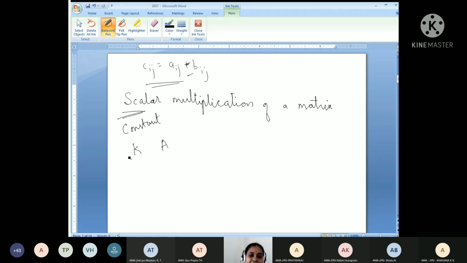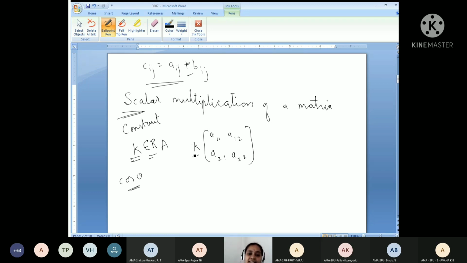So here K is a scalar. Let me write that it belongs to R. It need not be a number only, you can take anything. See, even if you write cos theta, that can also be a scalar. Scalar multiplication means K times matrix A. For example, A11, A12, A21, A22. Like this it will be there.